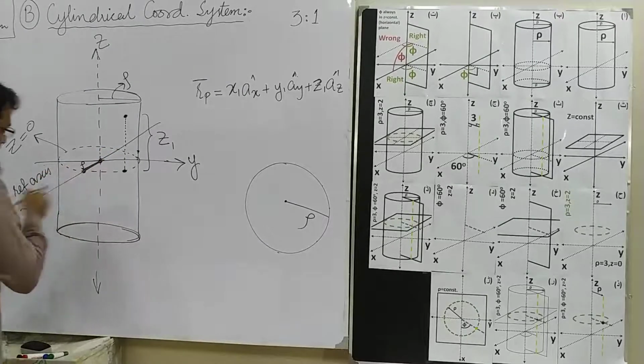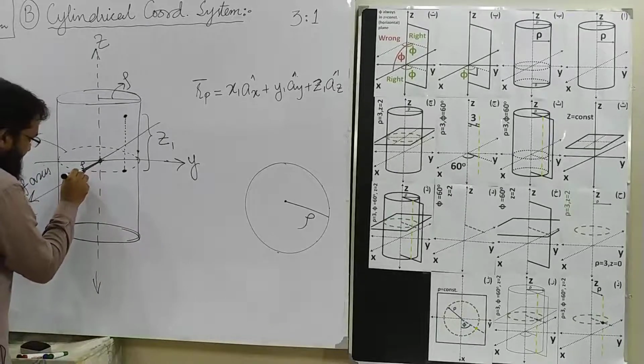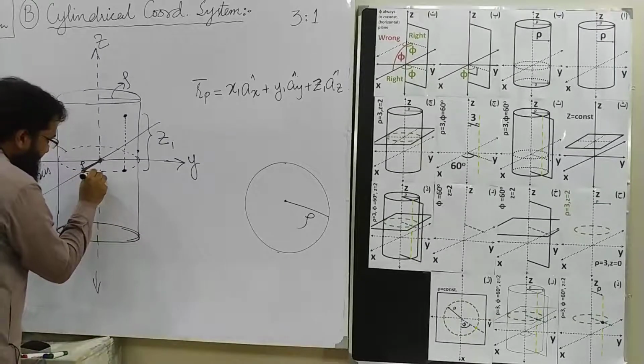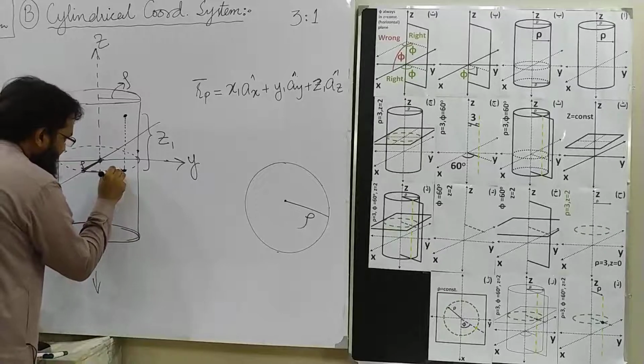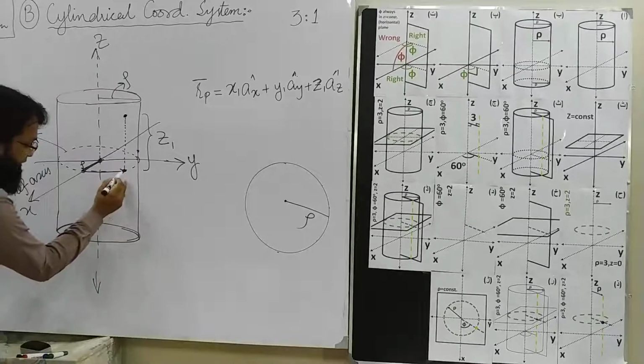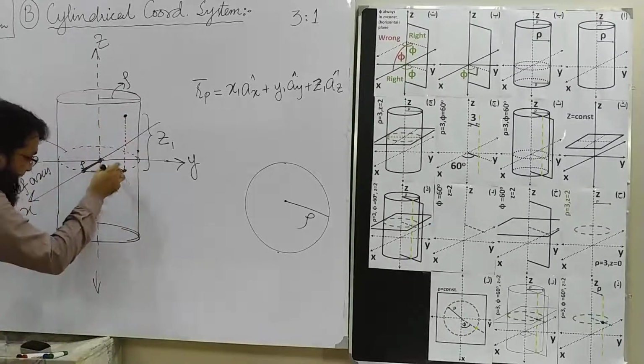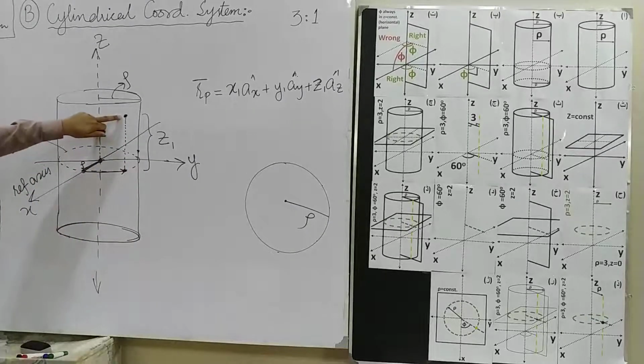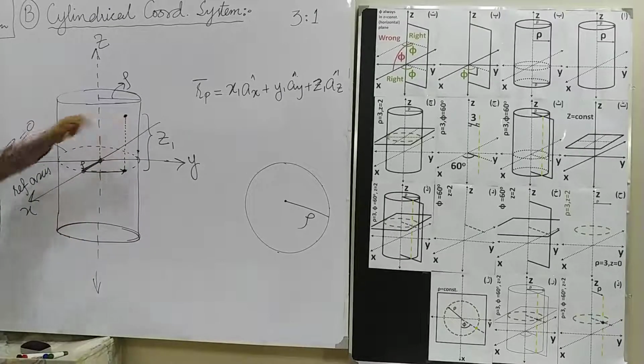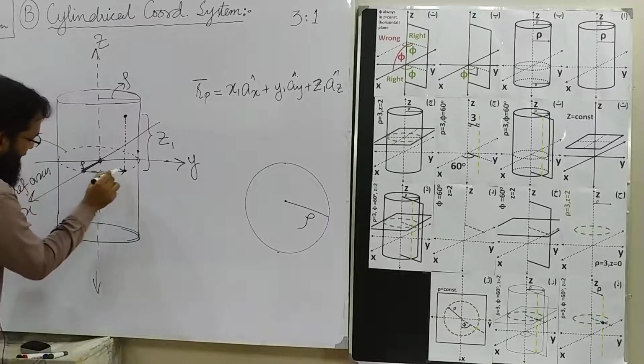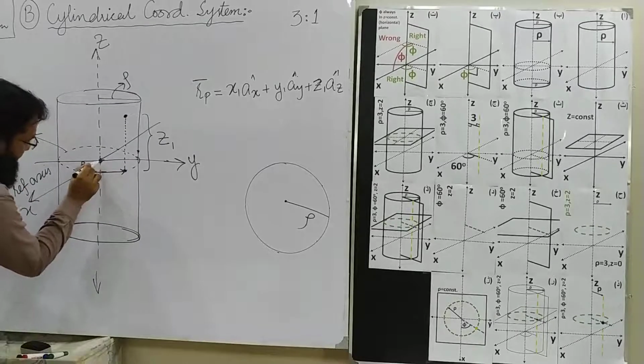Okay, so if you are moving in this direction, nothing is changing, you are just moving in the direction of rho. Now once you reach the surface of the cylinder, move along the surface, along the z equals 0 plane, and reach the point which is directly beneath the point which we want to reach. Once you have reached this point, now join this point to that point.